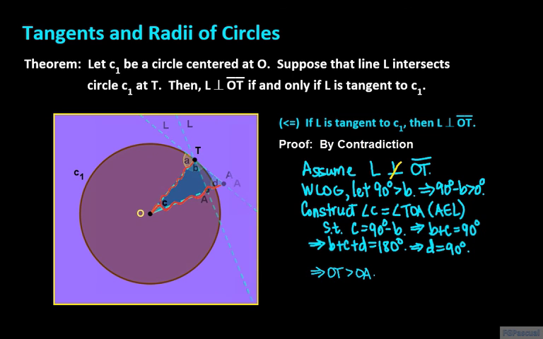So that A must be inside the circle, and so L cannot be tangent to the circle because it will have a second point of intersection with the circle. And so we have reached a contradiction. Therefore, the assumption that we made that L is not perpendicular to OT has to be false. And therefore, L has to be perpendicular to OT.